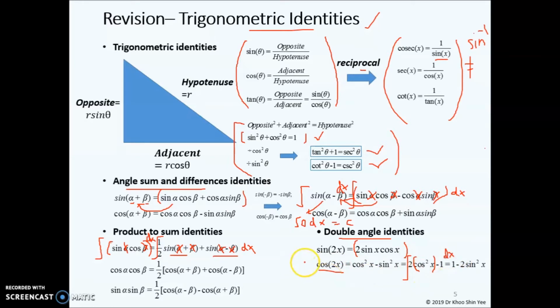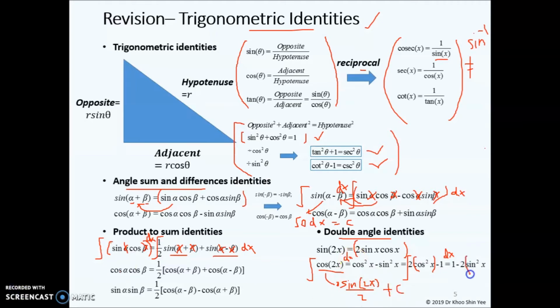So we use the identity, we convert into this form, and then we integrate, and this can give you the answer. So don't forget, after integrating cos 2x, you should get sine 2x, and you have to differentiate the 2x inside, you get 2, so you have to divide by 2, plus a constant.